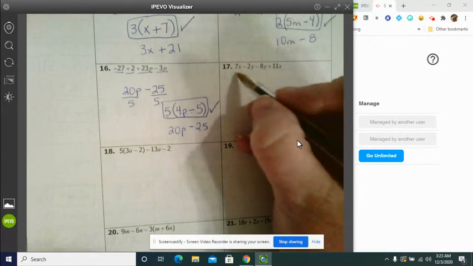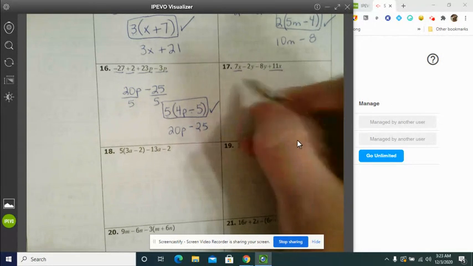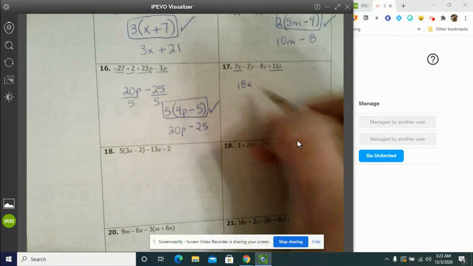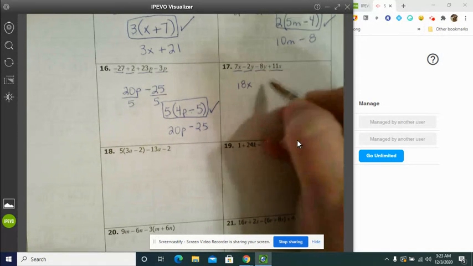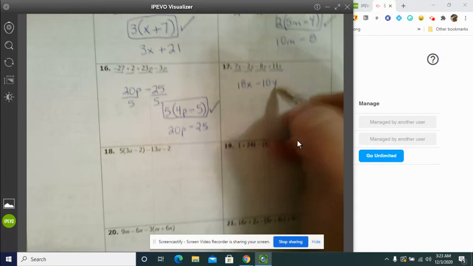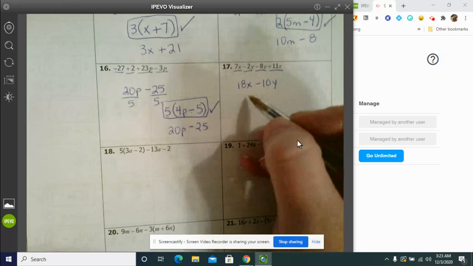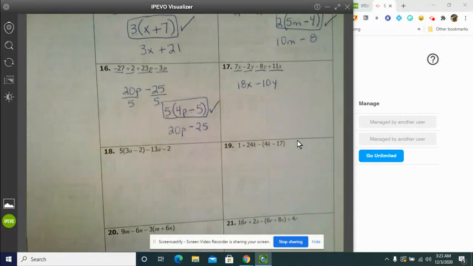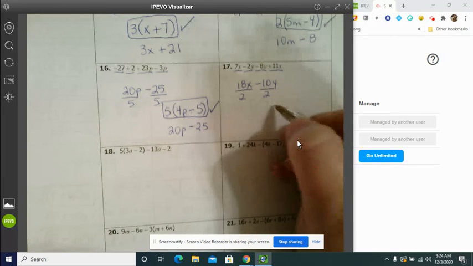Okay. Next we have 7x and 11x, which becomes 18x. We have negative 2y and negative 8y, which becomes negative 10y. So I have an 18 and a 10. They both share a 2. So I'm going to divide 2 out of both of them.